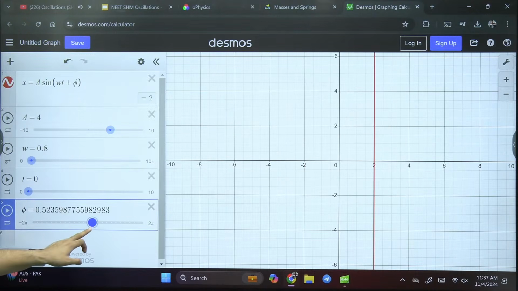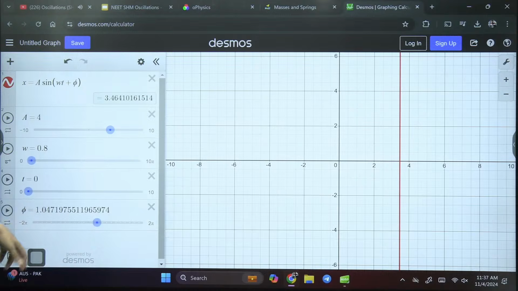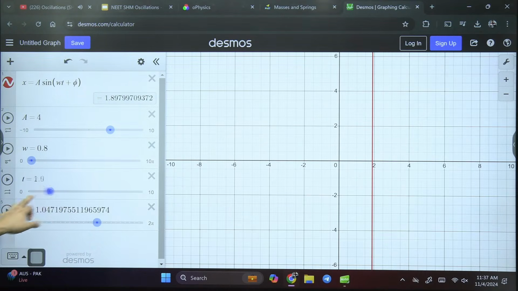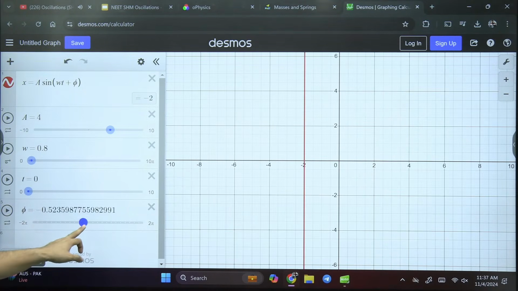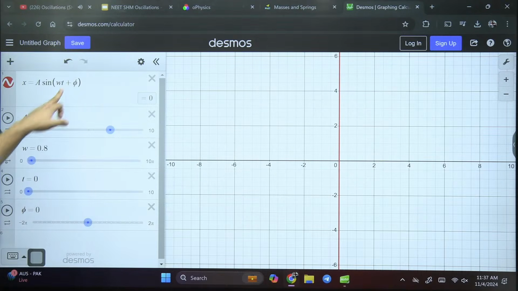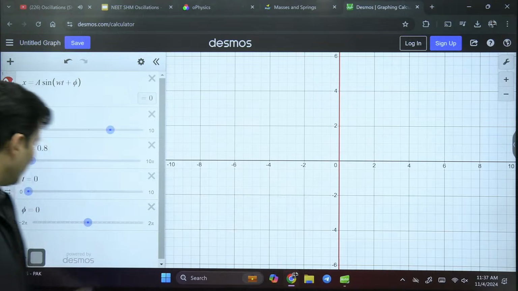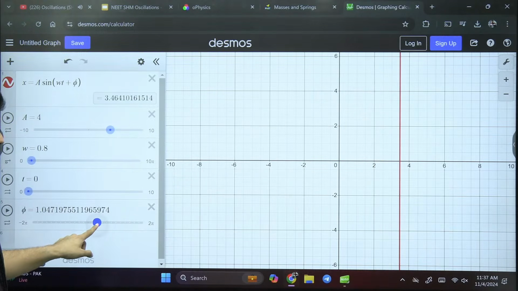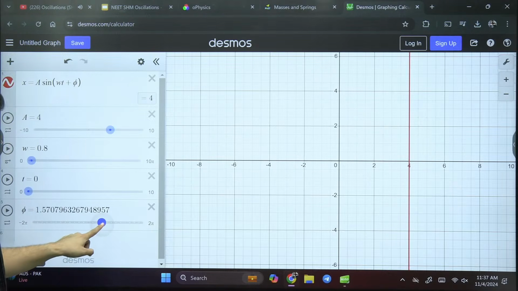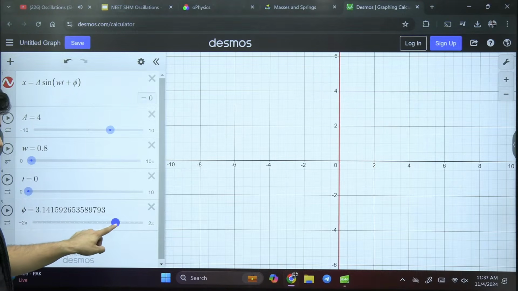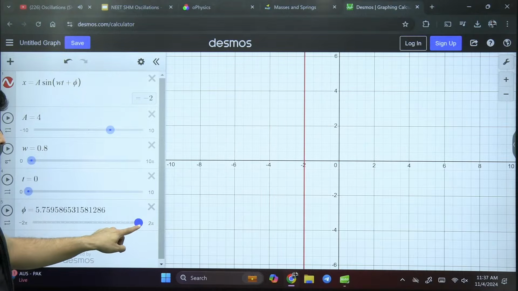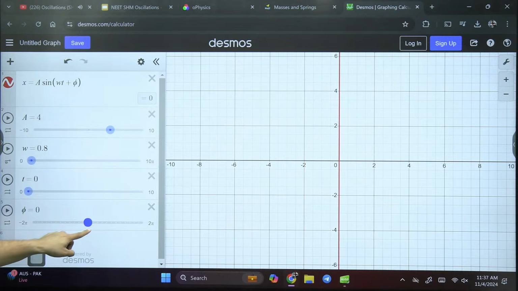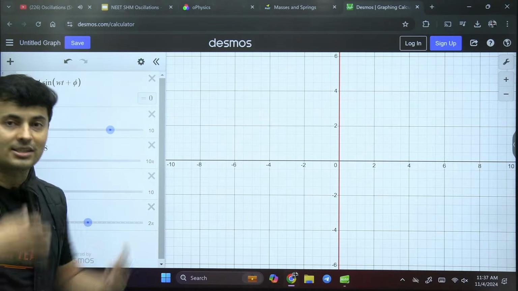So now observe, I will change the value of phi and see how at time 0 it starts from different positions. If phi is 0, it starts from the origin. If phi is something else, it starts from somewhere else. If I choose different values of phi, at time 0, that means initially, where does it start from?